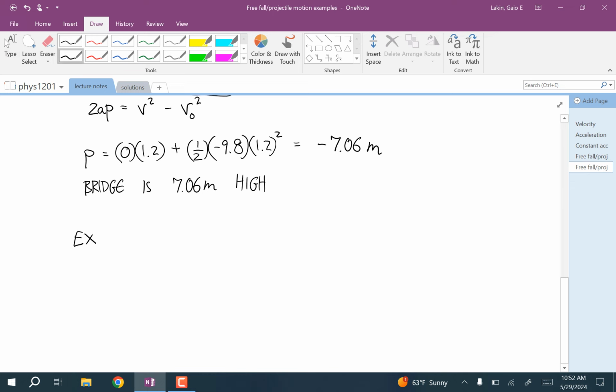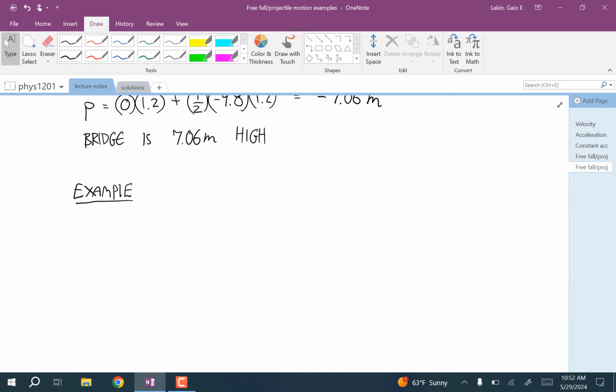The next example, let's say that a ball is thrown straight upwards from a height of 3 meters.